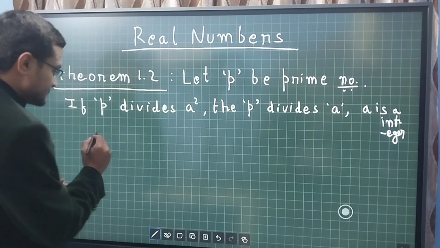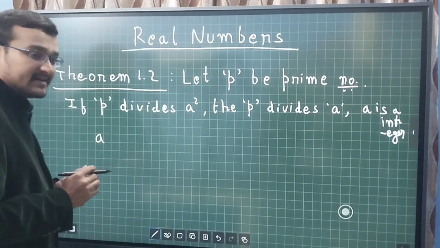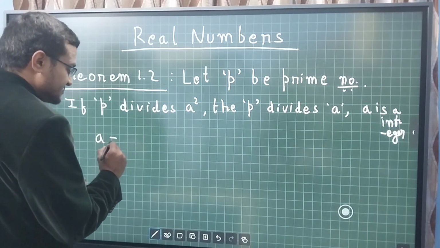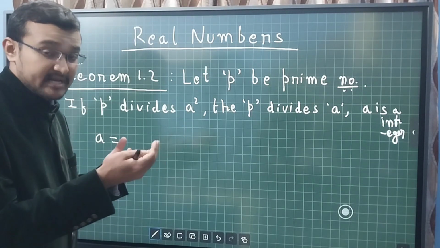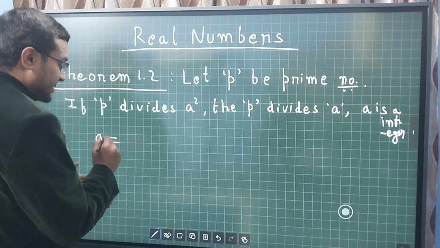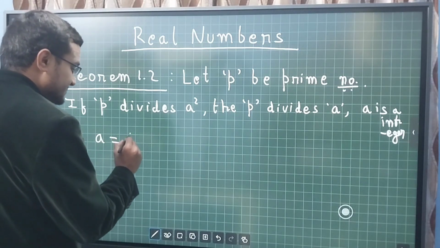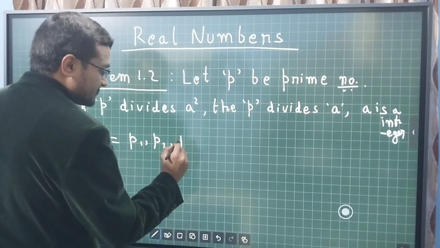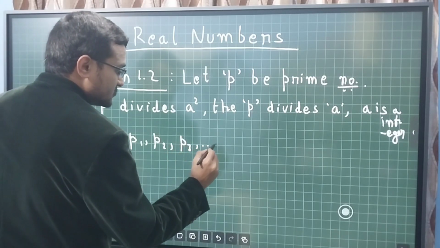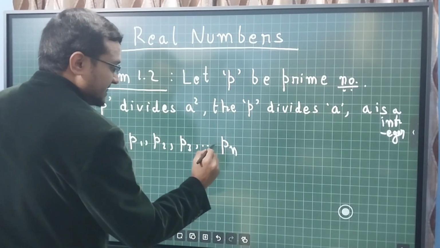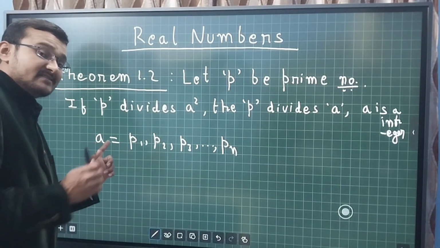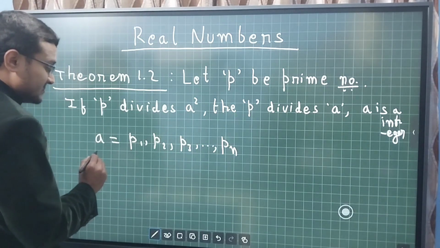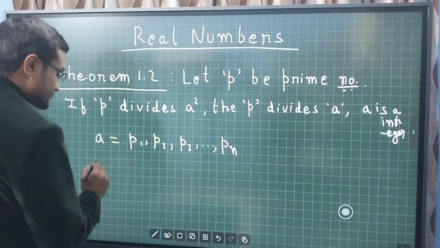Now let us consider A as a composite number, a positive integer which has prime factors. Let us call the prime factors of A as P1, P2, P3 up to Pn. What will be the prime factors of A square?